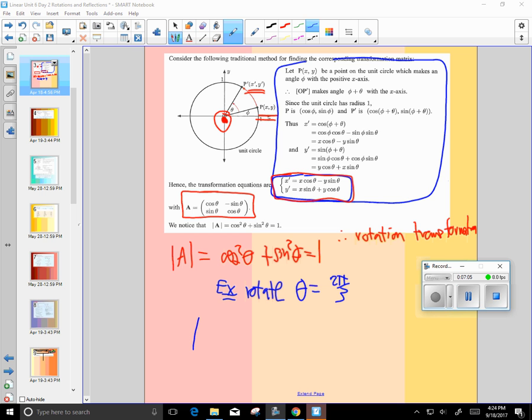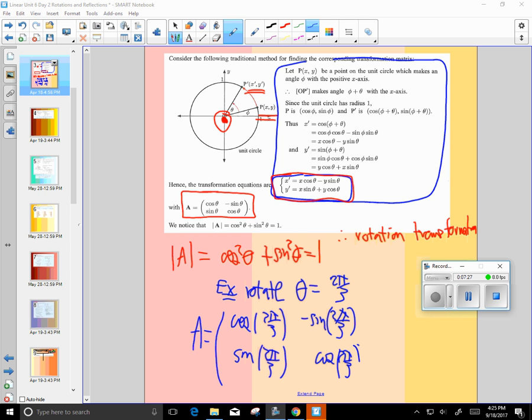Well, you take the formula. A is equal to cosine theta, 2 pi over 3, negative sine 2 pi over 3. And you have the sine of 2 pi over 3 and cosine of 2 pi over 3.